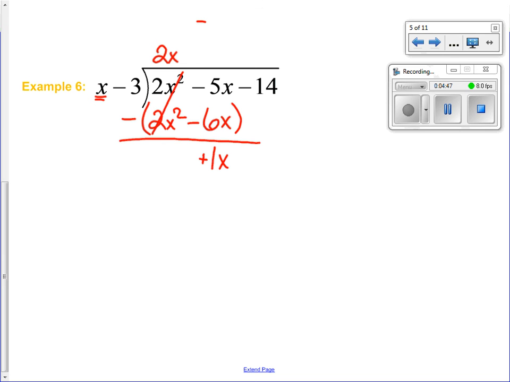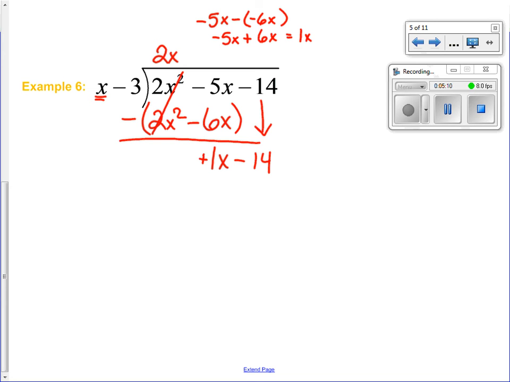Because make sure we check our math. So negative 5x minus a negative 6x. Minus a negative is just like having plus the positive, and that's why we get a positive 1x. Alright? Bring down the next term, minus 14.